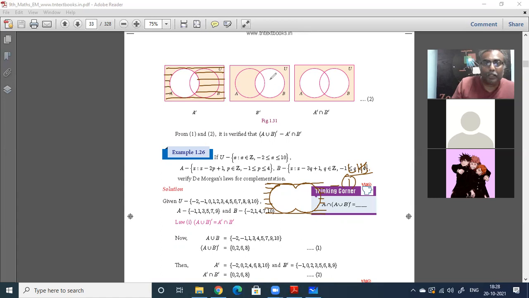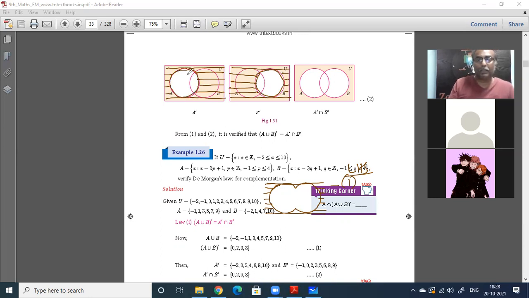What is B complement? This whole area which is other than B. Everything other than B is B complement. Everything other than A is A complement.